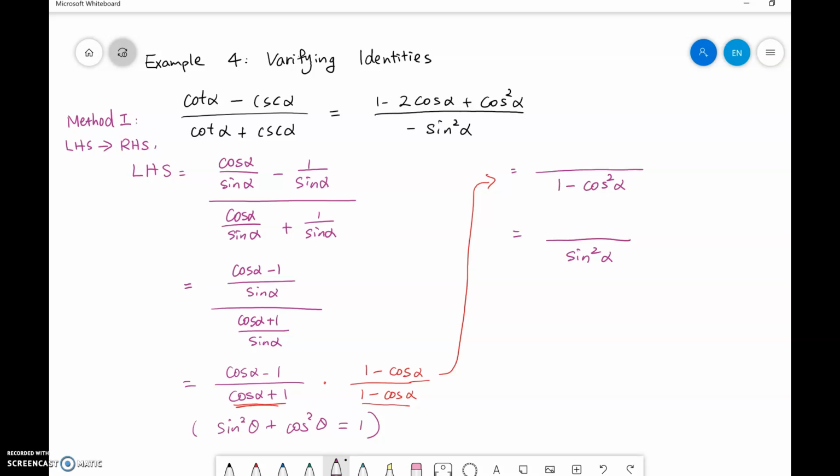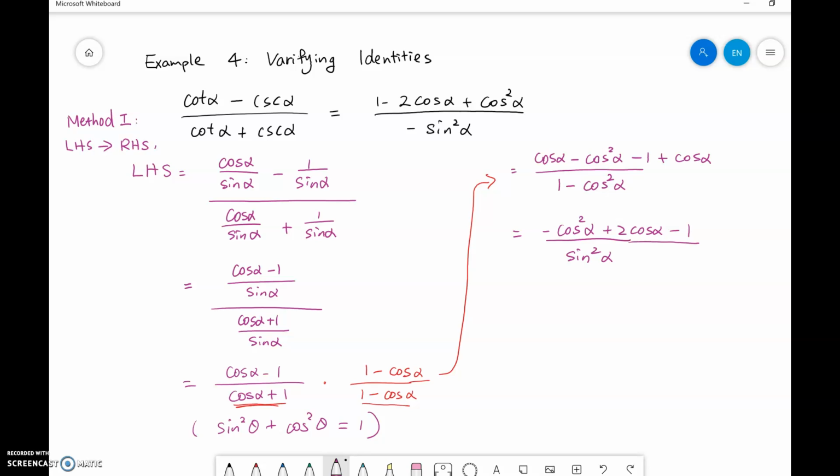On the numerator, I'm just going to multiply it regularly. So I have cosine of alpha minus cosine squared of alpha minus 1 plus cosine of alpha. Simplifying them, I got negative cosine squared alpha plus 2 times cosine of alpha minus 1.